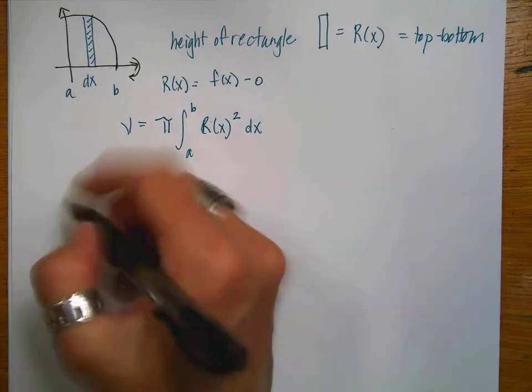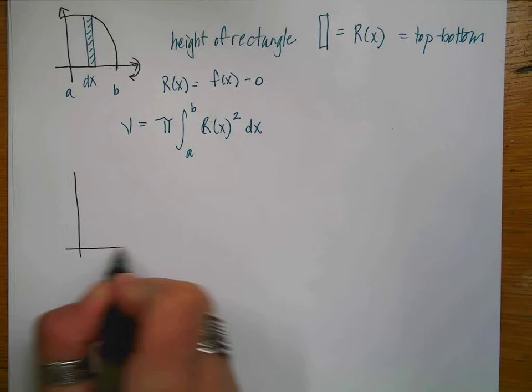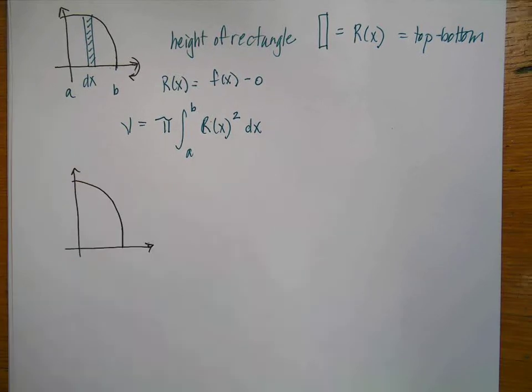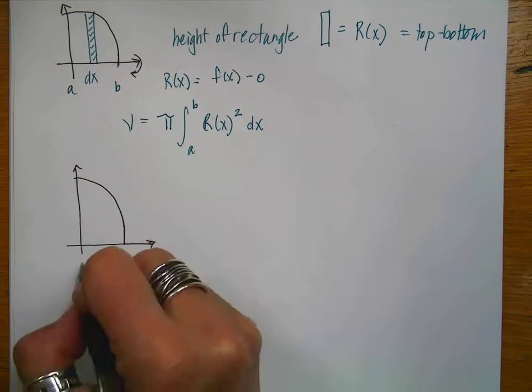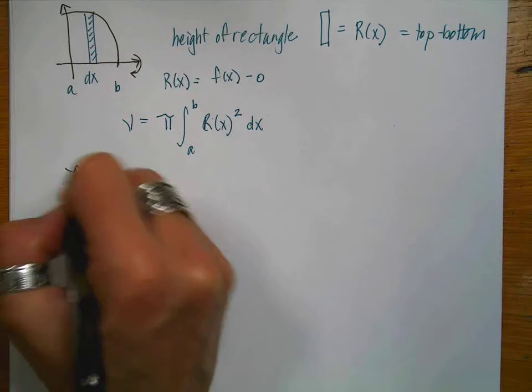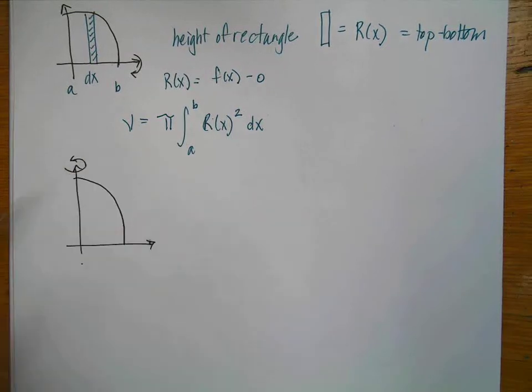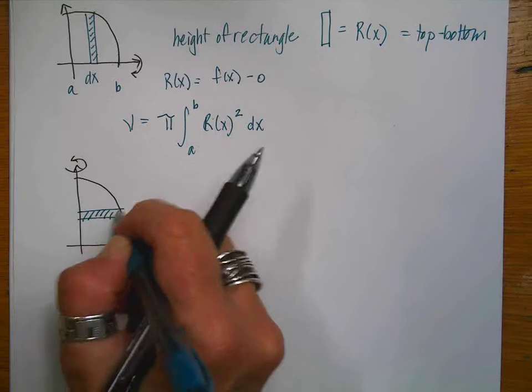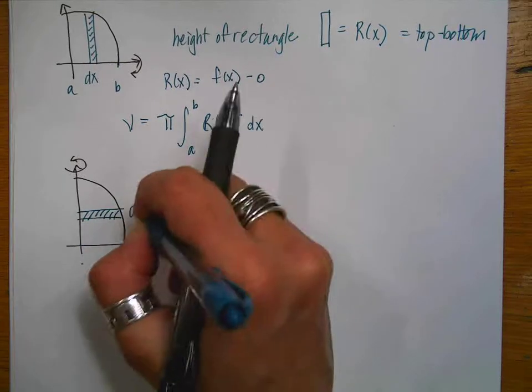dx. Okay, well, what if I have my object, and my curve is the same curve, kind of the same curve, crappy drawing. But this time I want to revolve it about the y-axis. Well, now I have a sideways rectangle, so this is my dy.